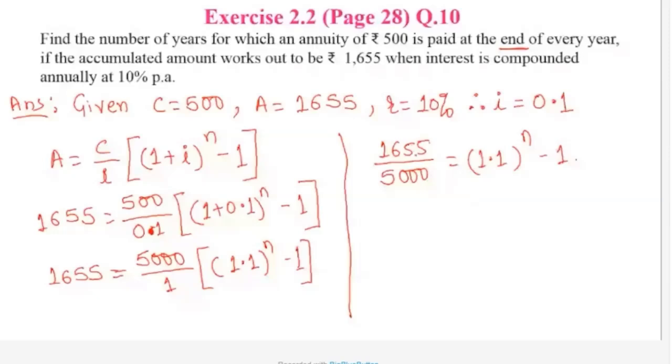Solve further. How much you will get? Because of the zeros, divide by 5. So it will be 1000. 5 3s are 15, 5 1s are 5, so 331 divided by 1000, which will give you 0.331.